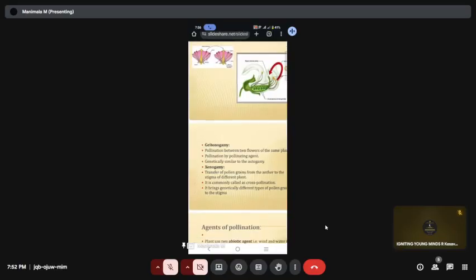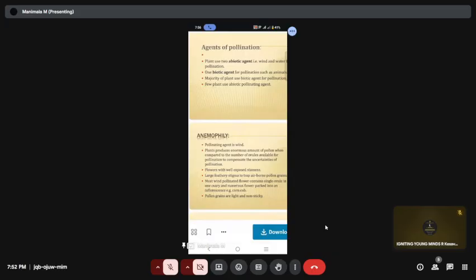Moving on. For example, if the pollination takes place by wind, it is called anemophily.